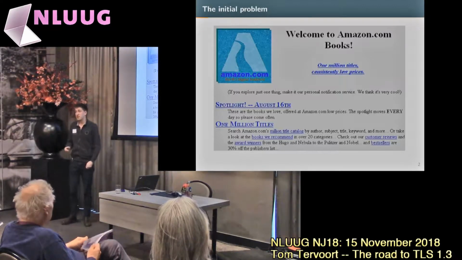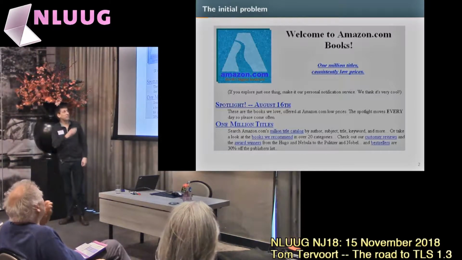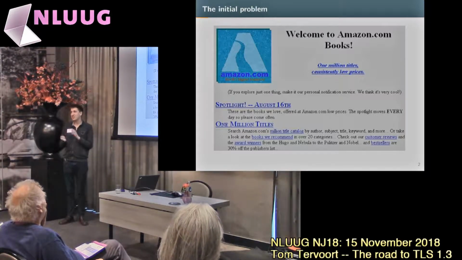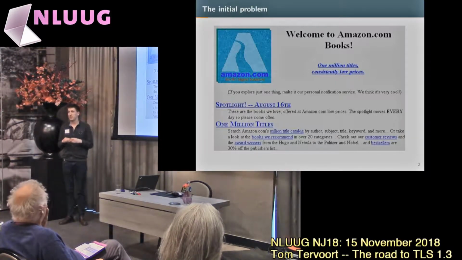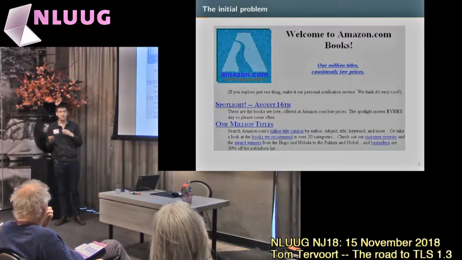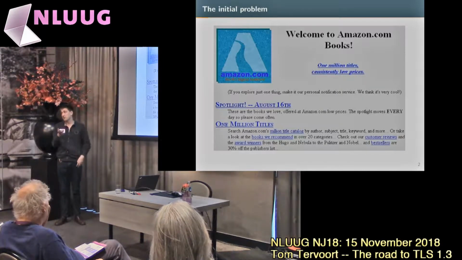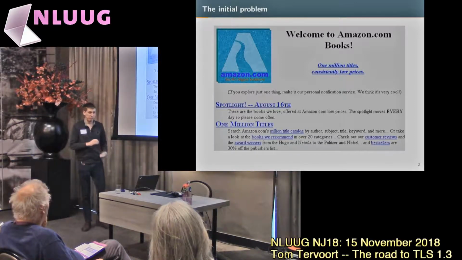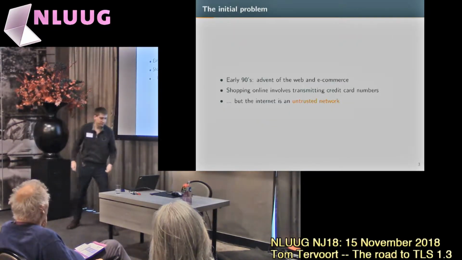So, TLS. This is a picture of Amazon.com in 1994, and in the early 90s, just after the World Wide Web had been introduced, people quickly started thinking, hey, can we use this new thing to sell things to people? So around 1993, 1994, the first web shops started to appear, but this created a bit of a problem.